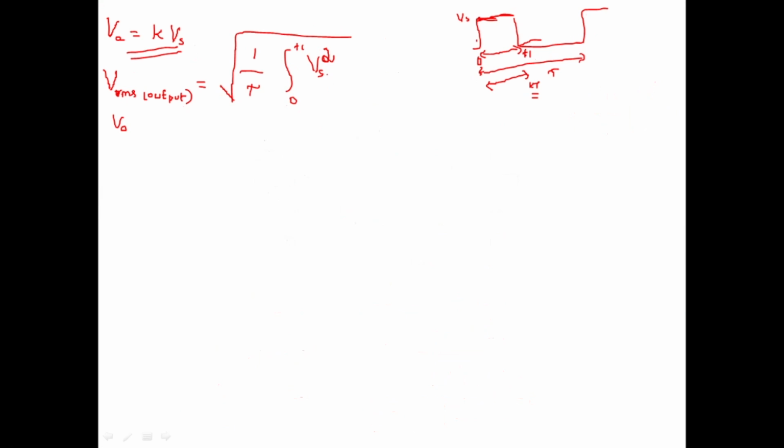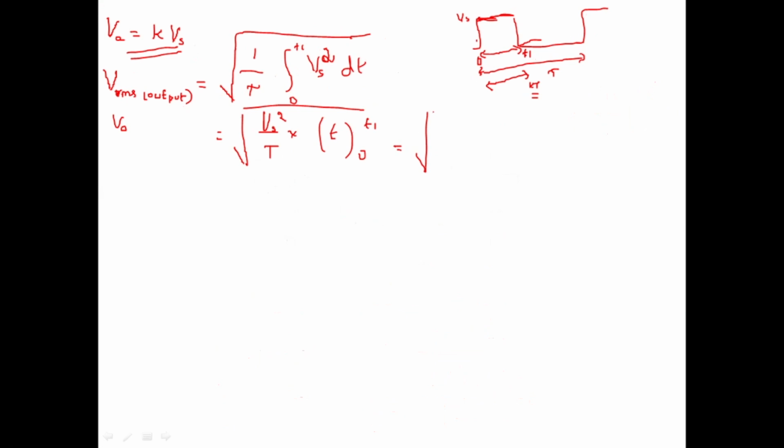So the root mean square value is root of 1 by T, and Vs squared you can keep outside, integral of dt from 0 to T1.